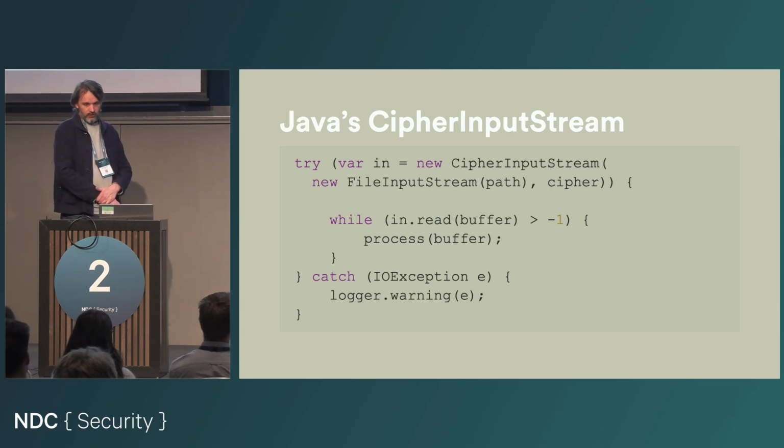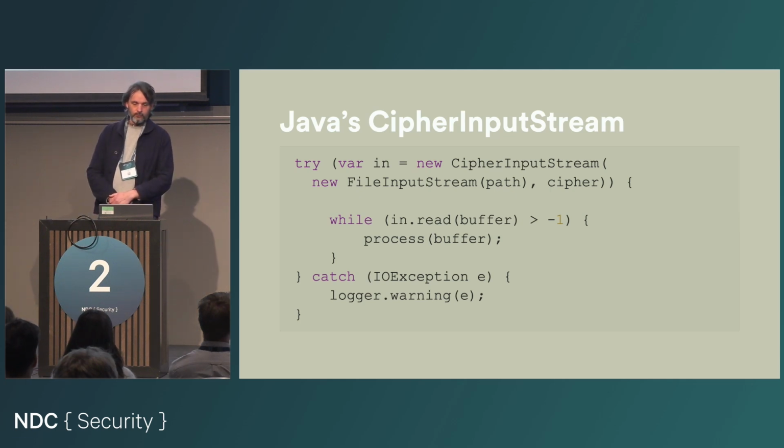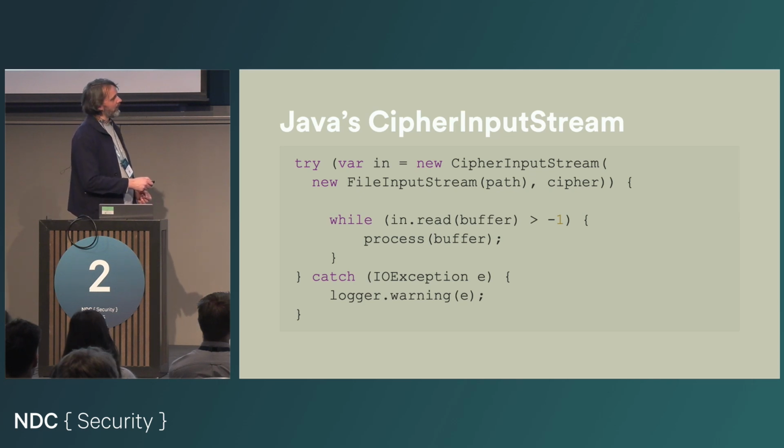And it's generally a good idea, but one really serious problem with this API was it was designed and added to Java before authenticated encryption was conceived of as a thing that we needed to do. I believe it was added in Java 1.4, which is 2002. And the first authenticated encryption modes didn't come out until a couple of years after that. And so it has no way of signaling that authentication failed. All it can do is throw this generic IO exception.